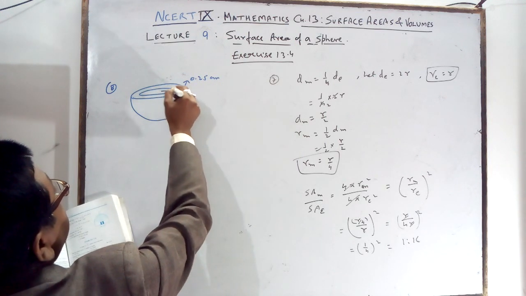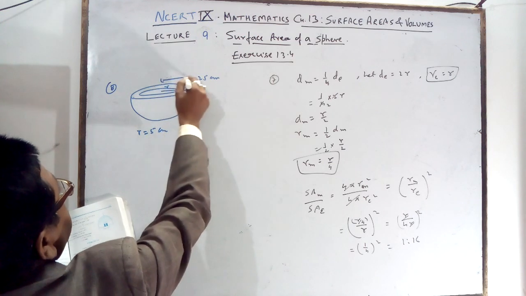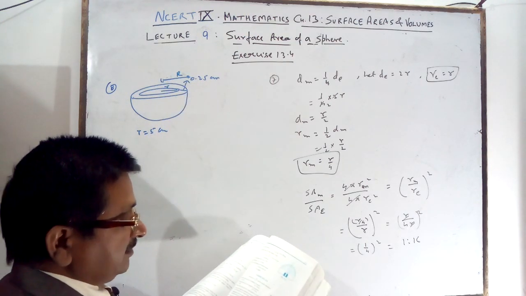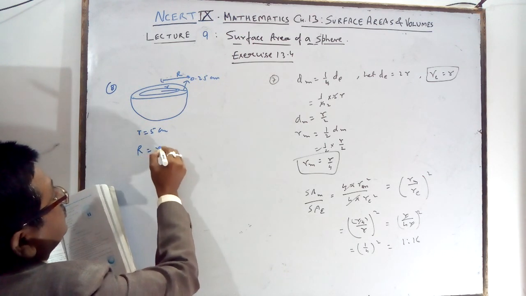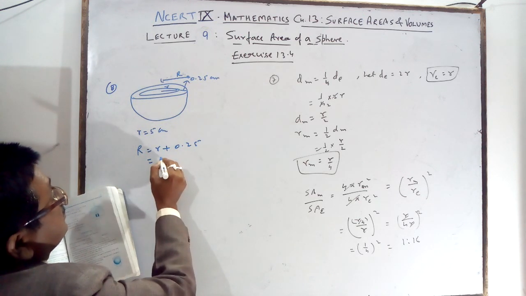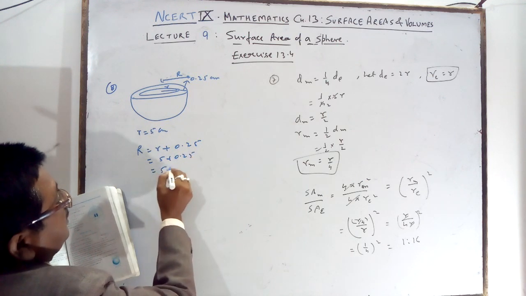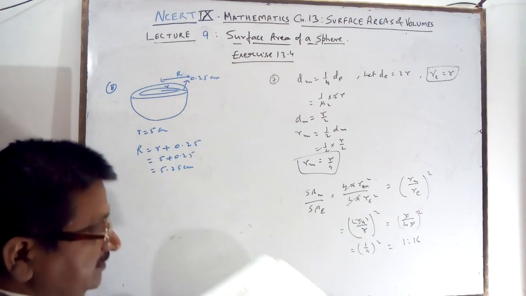Inner radius, that is r, is given 5 centimeter. Outer radius is this. Find the outer curved surface area of the bowl. So outer radius is equal to inner radius plus thickness. So that is 5 plus 0.25 gives you 5.25 centimeter. It is the outer radius.